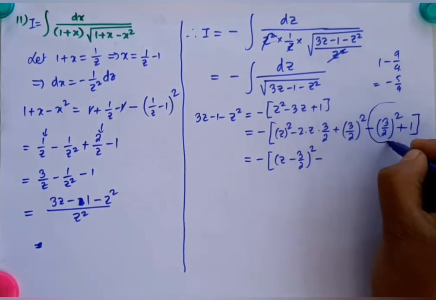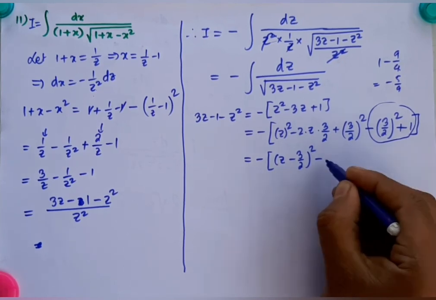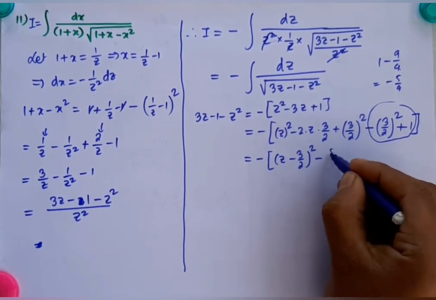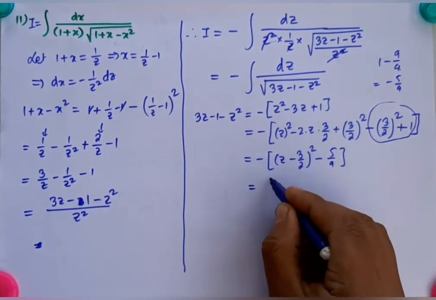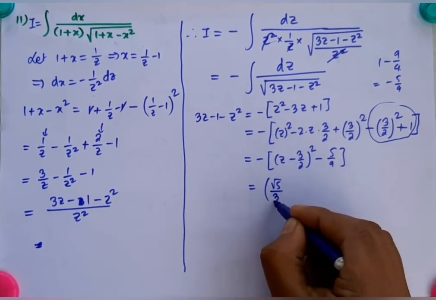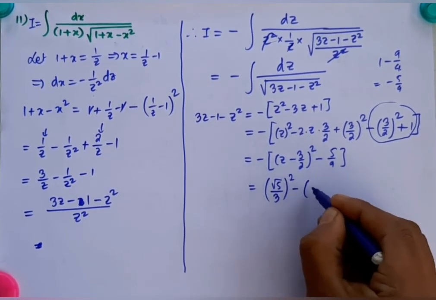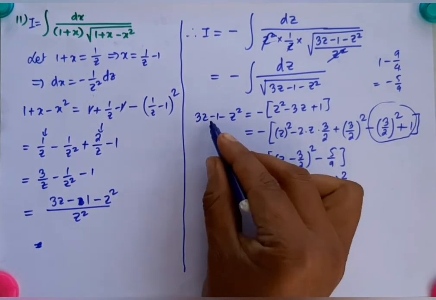So when you simplify this part, I have already written minus, so this is minus 5 by 4. Now multiply with this minus sign, so this will turn into root 5 by 2 whole square minus z minus 3 by 2 whole square. So this is the value.